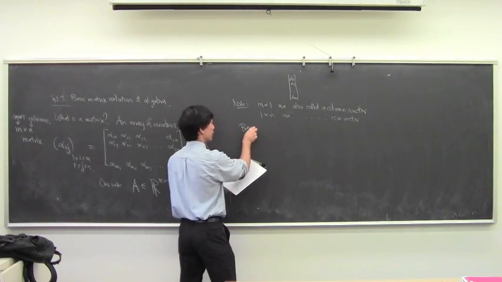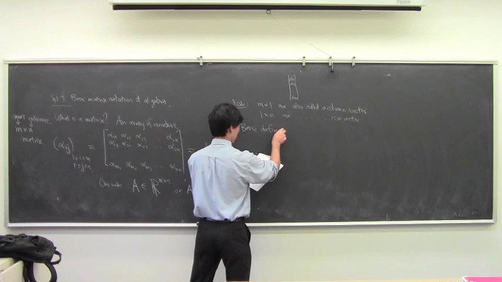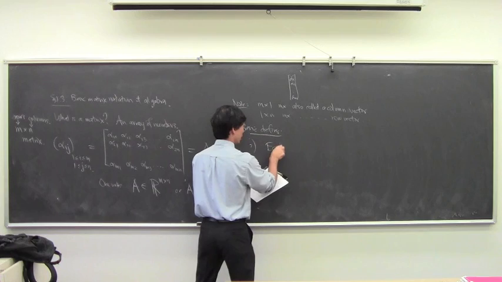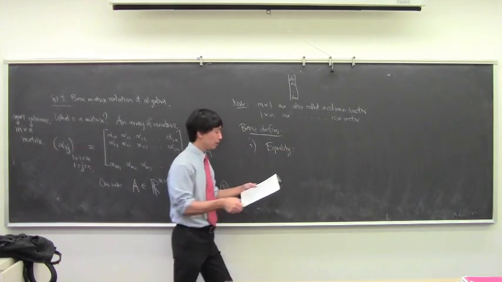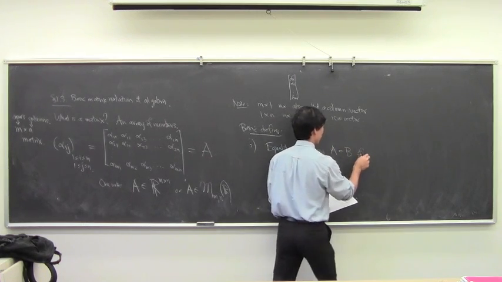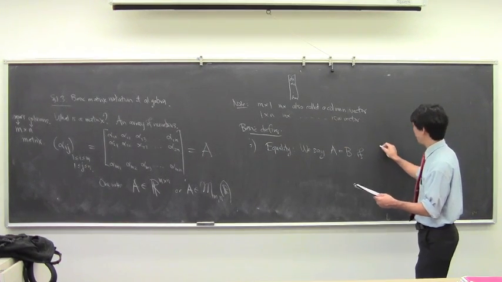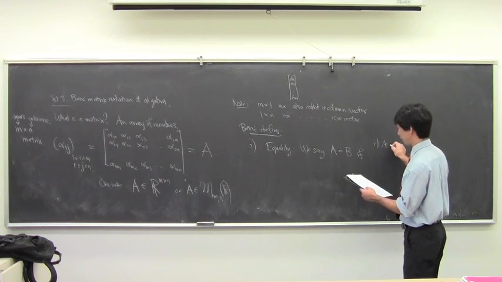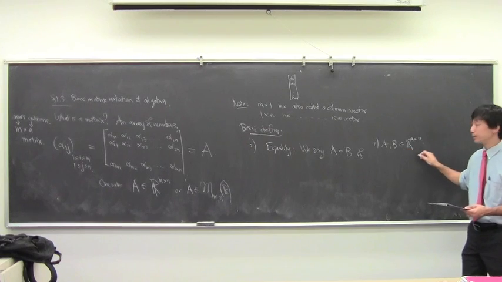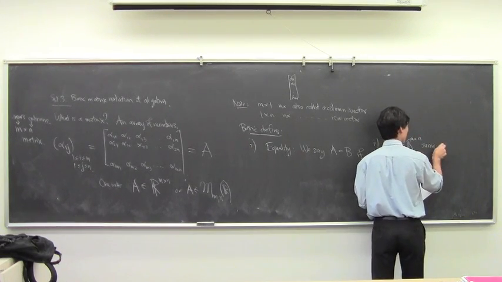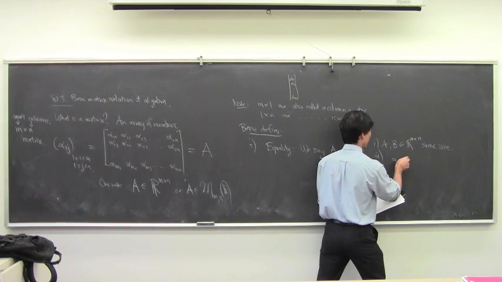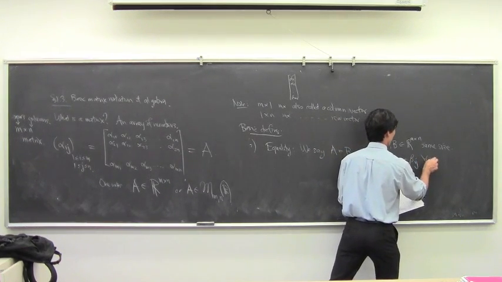Some basic definitions. One, when are matrices equal to each other? If you have two matrices, A and B, we say A equals B if, one, A and B are the same size, and two, alpha ij equals beta ij for all i and j.